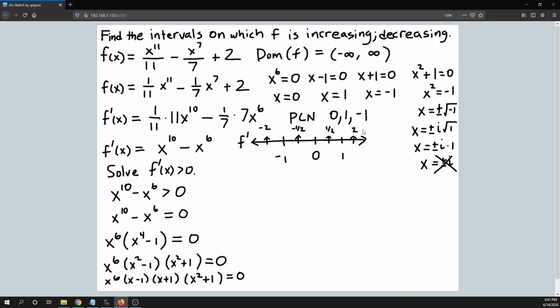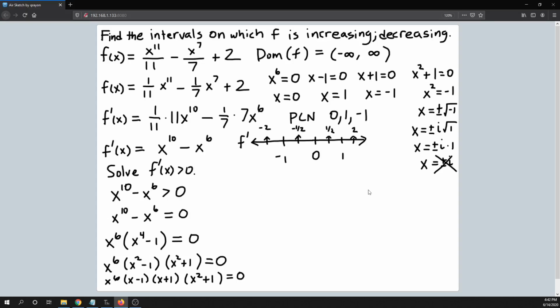And then I'm going to take those test numbers and plug them into this inequality right here, x to the 10th minus x to the 6th, and see what I get. I don't have a calculator here. If you have a calculator, it's pretty easy just to plug these numbers in and see whether you get a positive or negative.